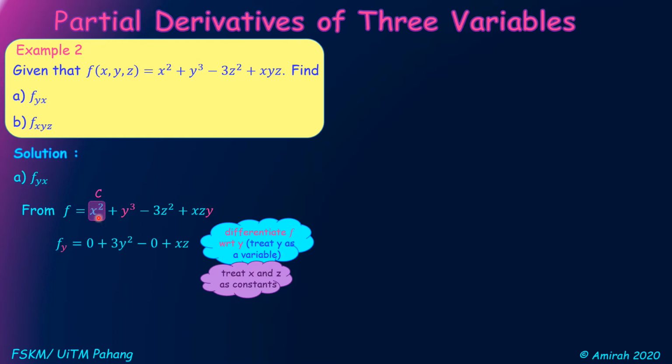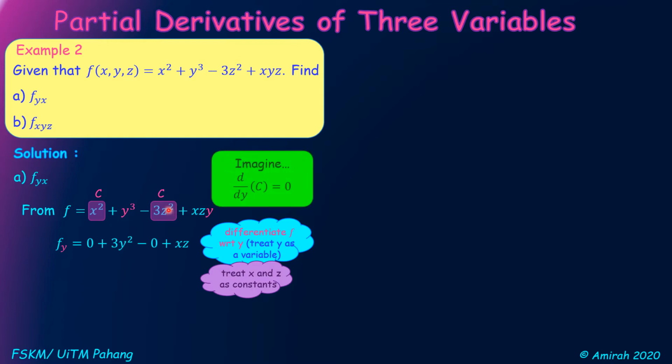Now we treat x as a constant, so x squared here is a constant. And this one is also a constant because we treat z as a constant, which means 3z squared is also constant.